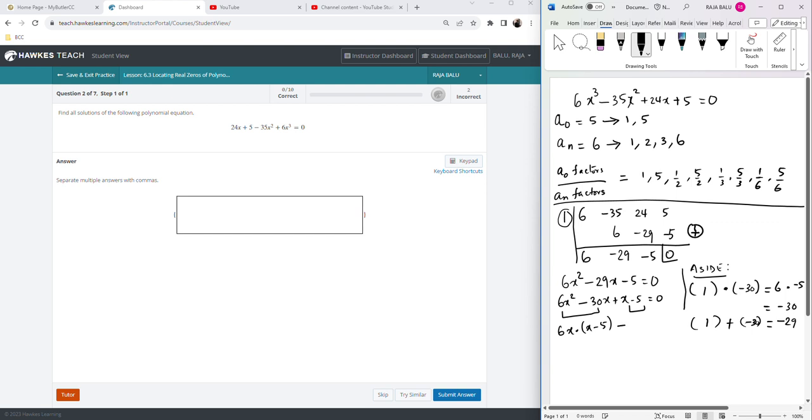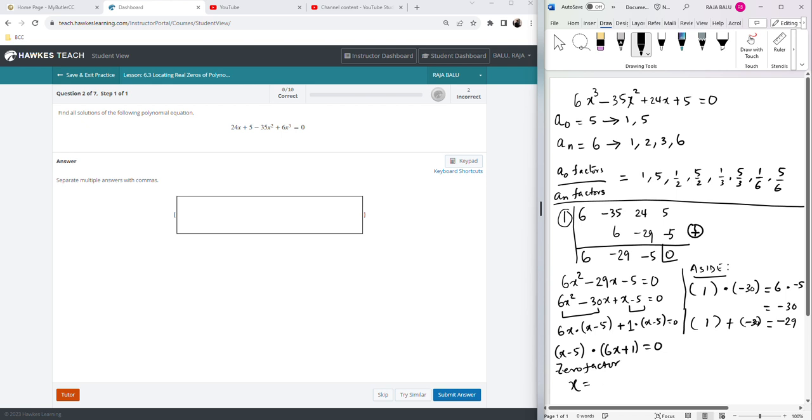Between the second two, a plus 1 comes out, leaving x minus 5. I can factor the x minus 5 out of the group, and what is left over is 6x plus 1 equals 0.